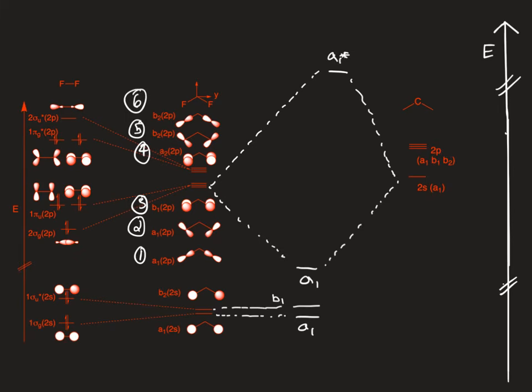We're now going to overlap our B2 combination from up here with a carbon 2p, the 2py.